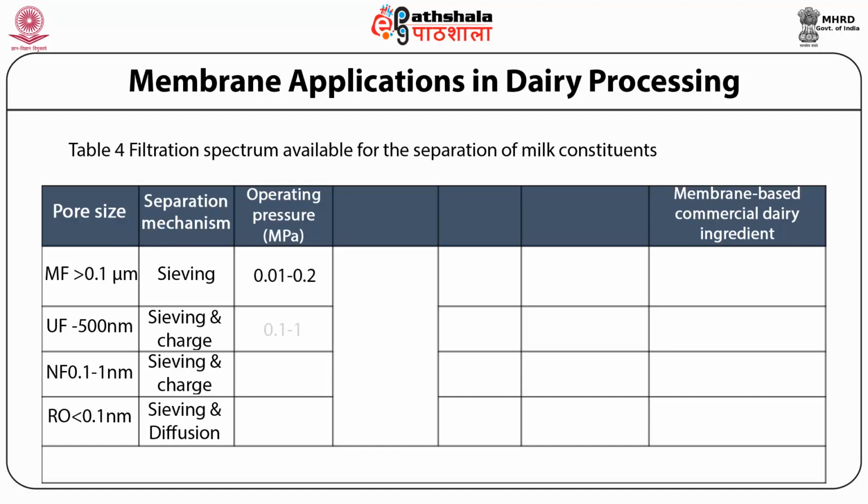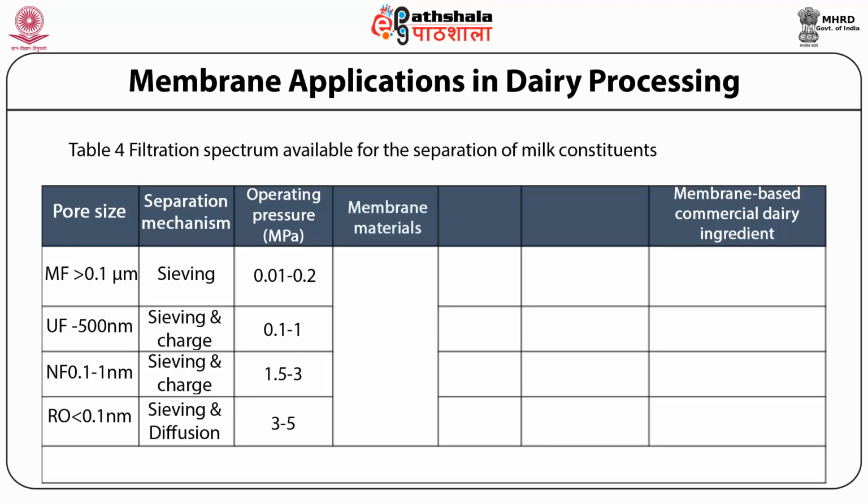For UF it is 0.1 to 1, for NF it is 1.5 to 3 megapascal, and for RO it is 3 to 5 megapascal. So as the pore size of the membrane reduces, the applied pressure increases. That is the reason MF has the lowest applied pressure of 0.1 to 0.2 megapascal, while RO has the highest pressure, 3 to 5 megapascal.